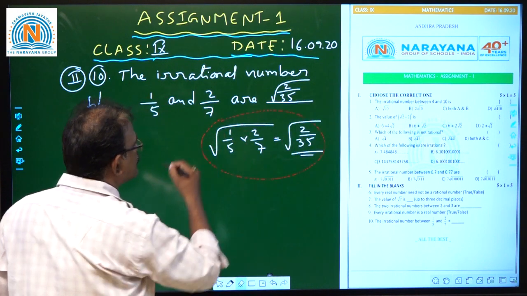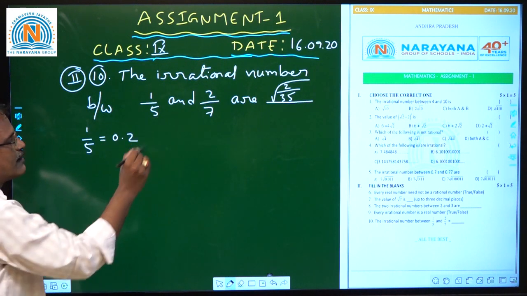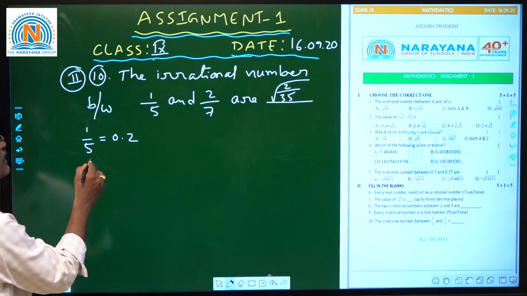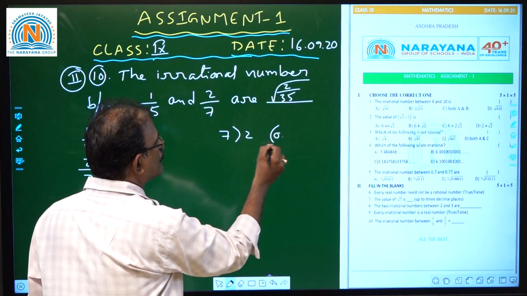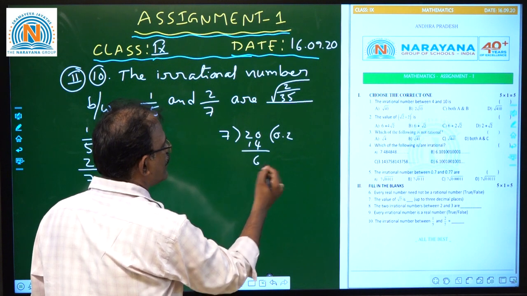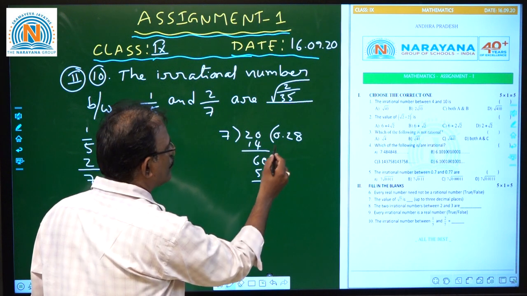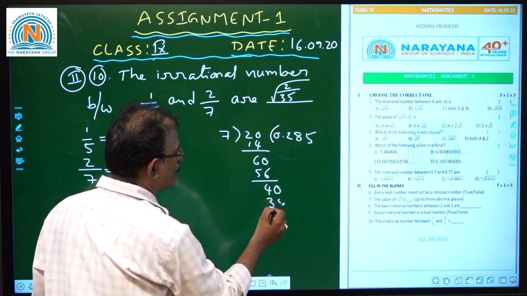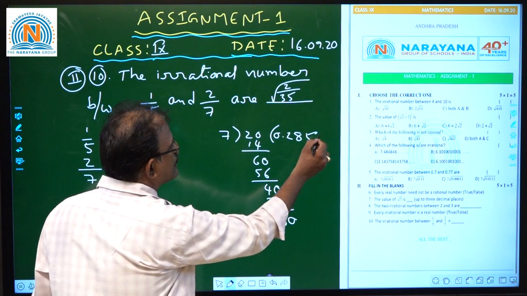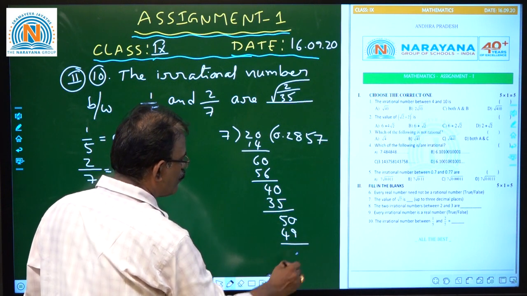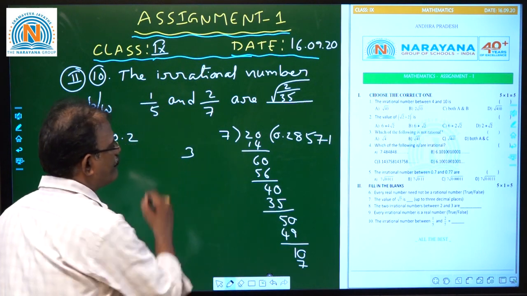And along with that, if you want to write in another form, actually children, if you write them in decimal representation, 1 by 5 is 0.2, and 2 by 7, if you write in decimal form, 2 times... 7 8s are 56, 4 times, 7 5s are 35, and again 5. Again 7 7s are 49. So 1, 10, 7 1s are 7, then 3.